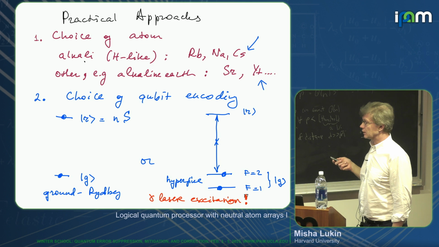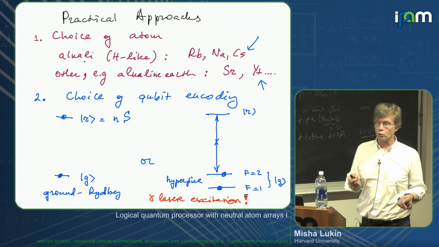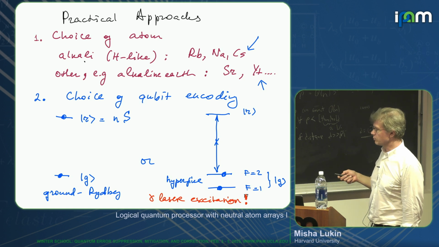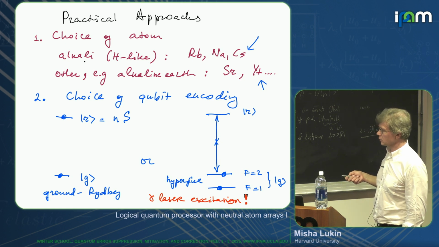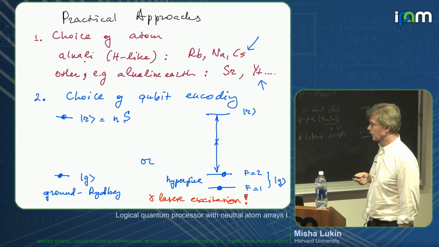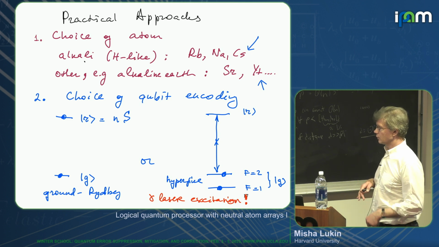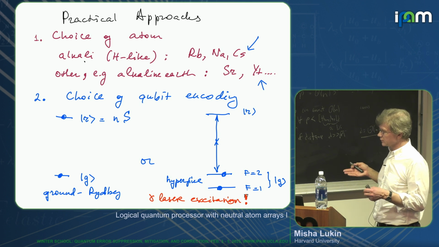But even within a given atom, you can also have a lot of opportunities in terms of how you encode a qubit. For example, in some of the early experiments, we utilized this ground-Rydberg encoding. So we would encode a qubit in a superposition of ground and Rydberg state, which in some way is easiest, requires the least infrastructure.